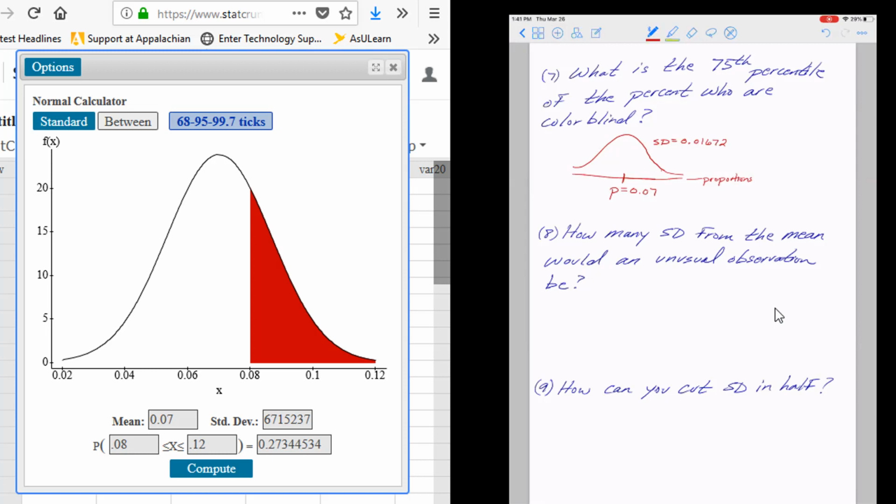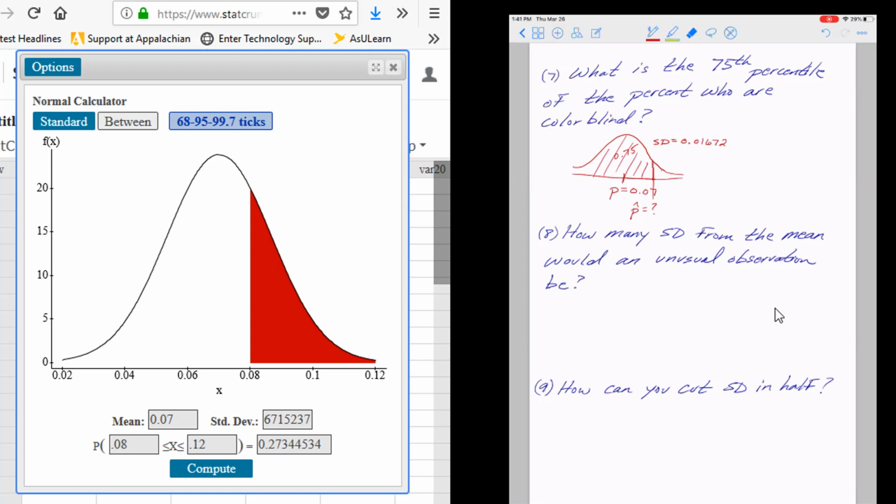Remember that percentiles, any I-L-E, percentile, quartile, decile, any of those things would always be considered cumulative percent to the left. That's how those play. So right here, what we are saying is, okay, 75% area to the left of something. We don't know what the something is. What is the p hat that would give me 75% to the left?